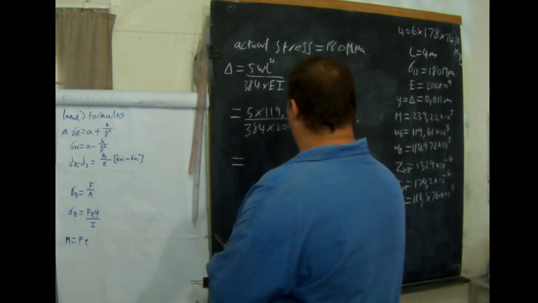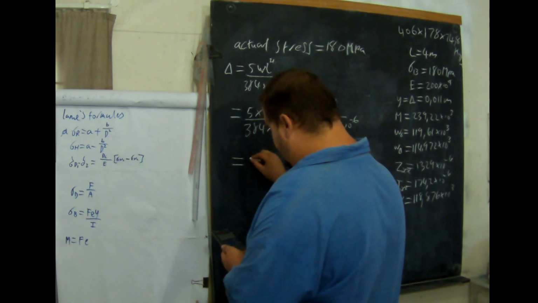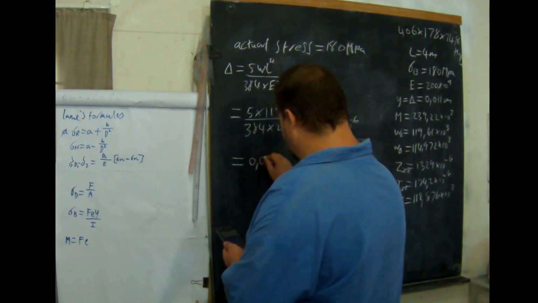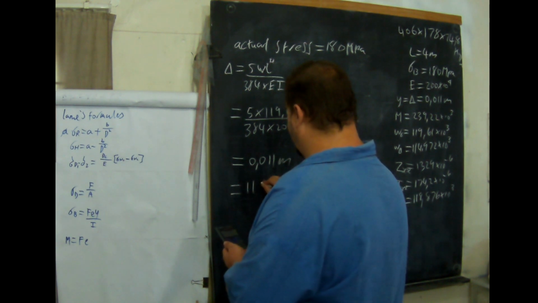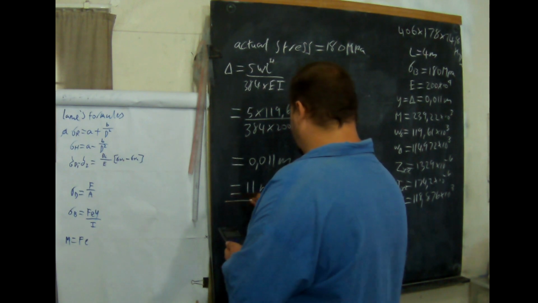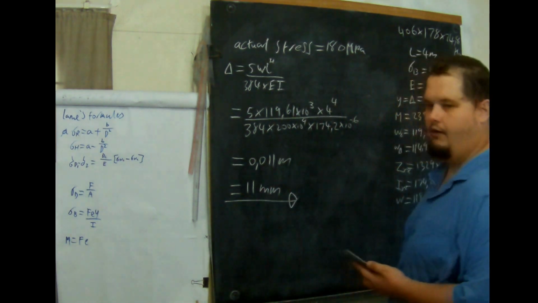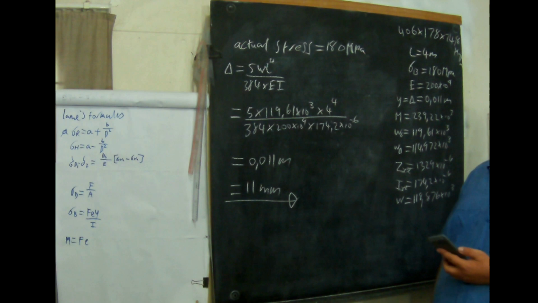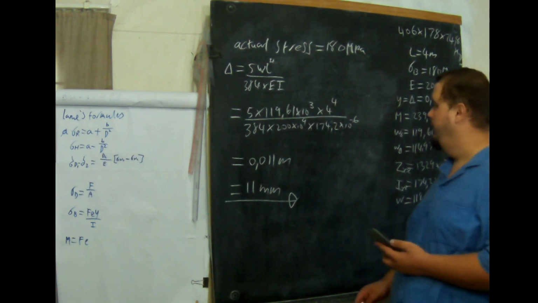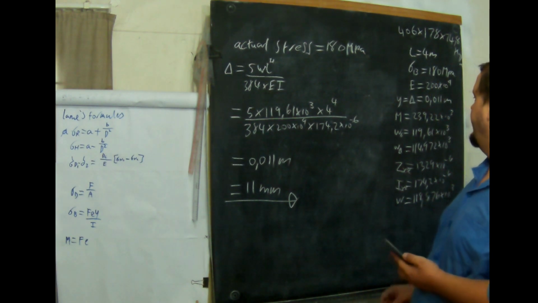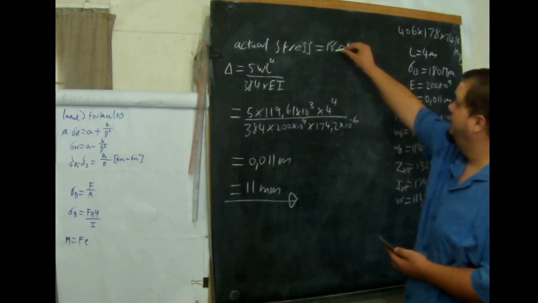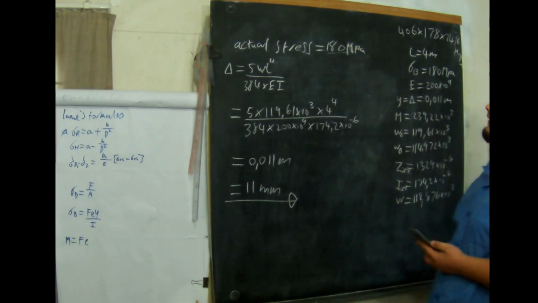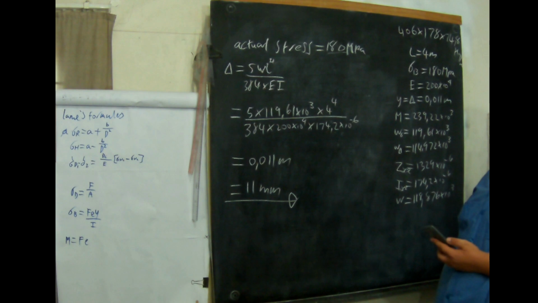Our deflection, as you'll get, is 0,011 meters. So our deflection is 11 millimeters. That is our true deflection of this. So that is exactly what we started with. So we know that this is the true deflection with that exact bending stress.